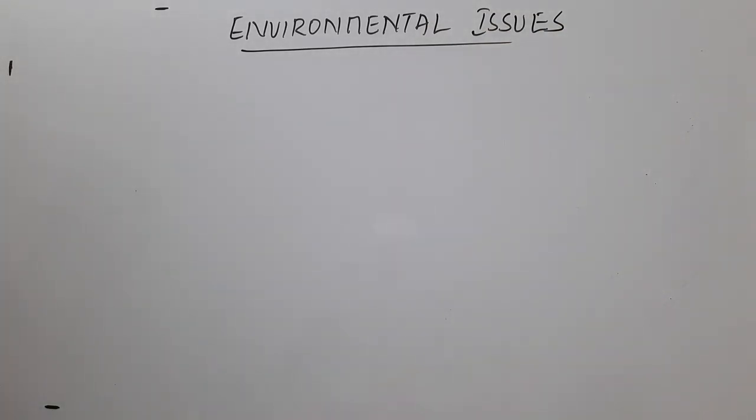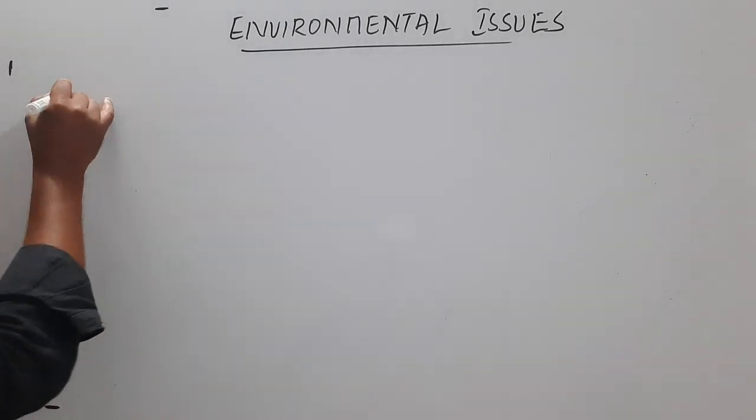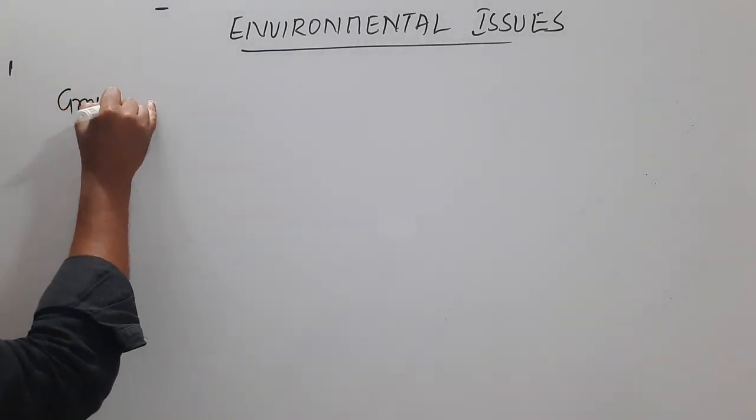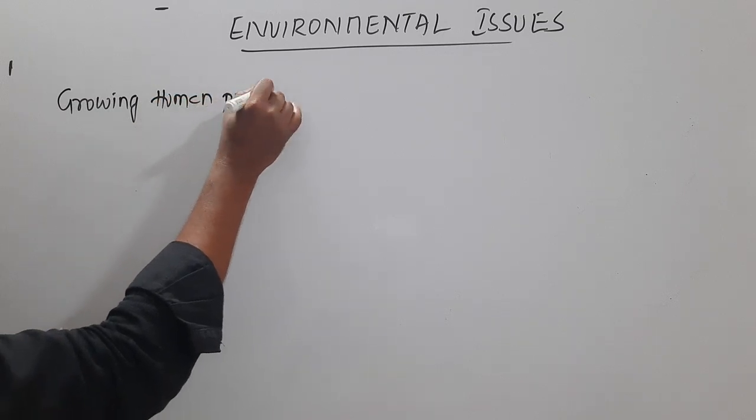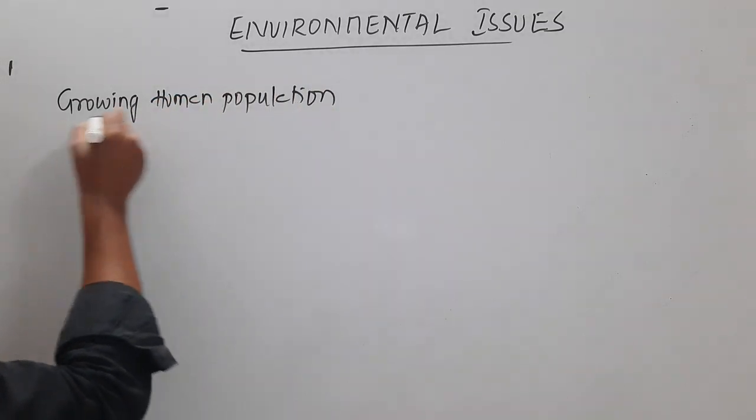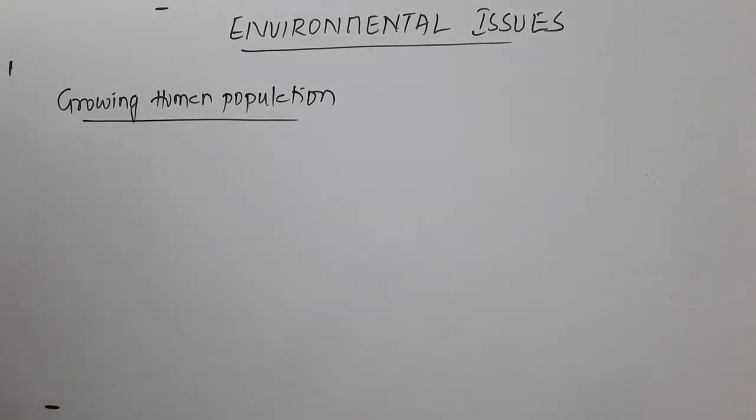Right. Now, I already told you that the human population has been growing enormously over the last 100 years. So, this growing human population is putting a lot of demand on so many things.